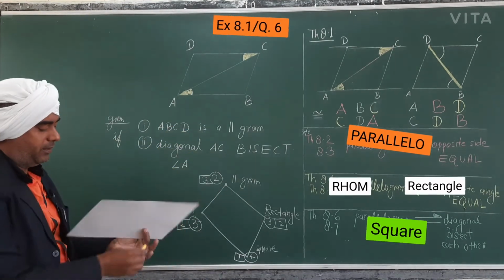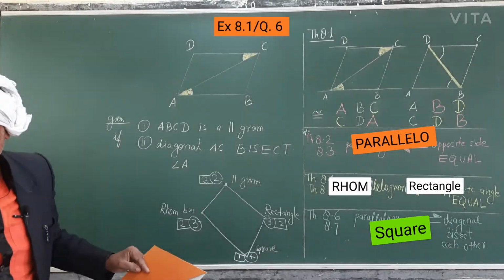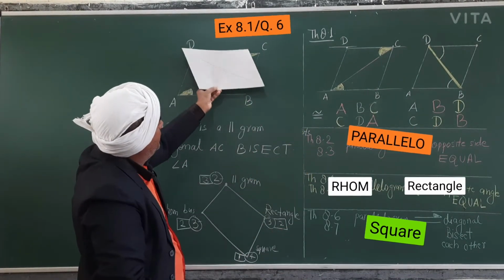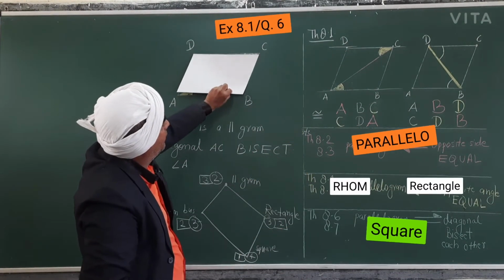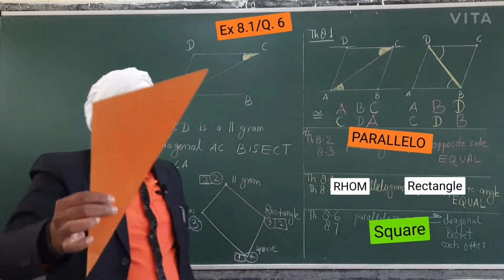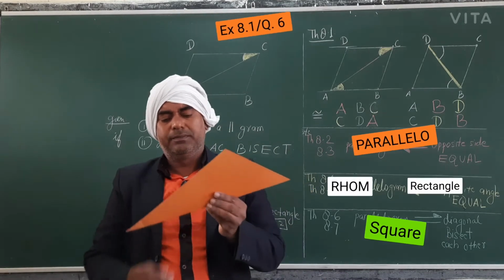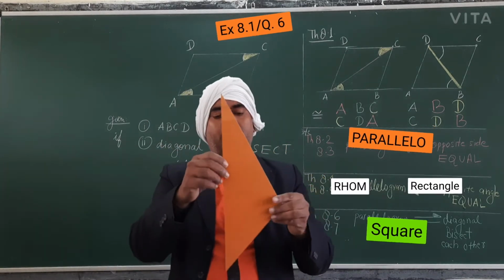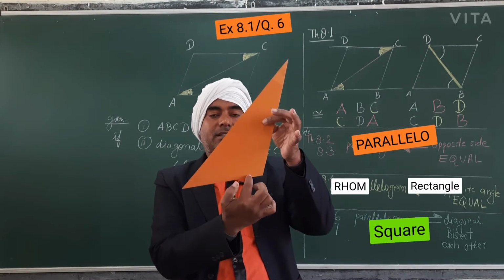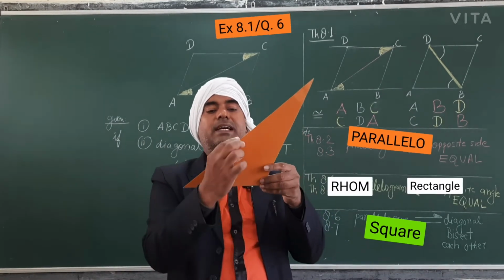I will prove it. You will see. This is the actual figure. Actually, in this triangle, what do you observe? The biggest angle is this, the highest. So the side opposite to this is the biggest.